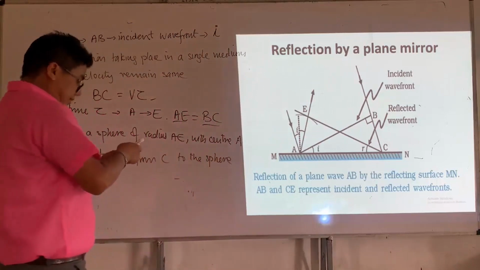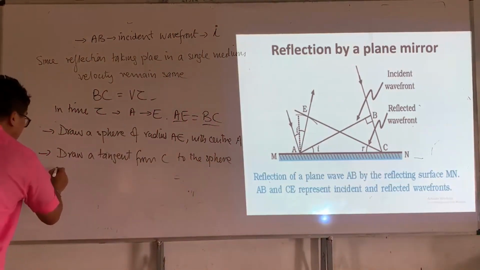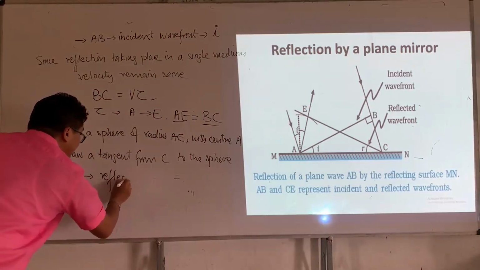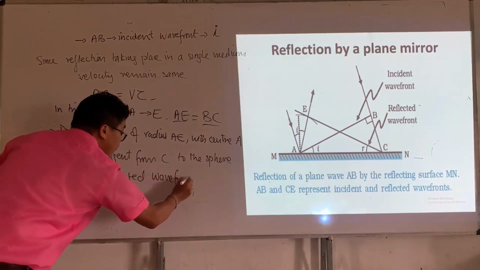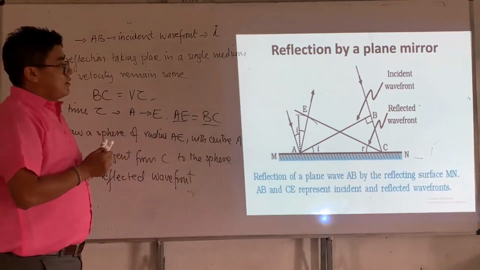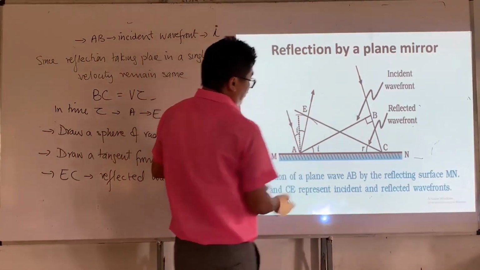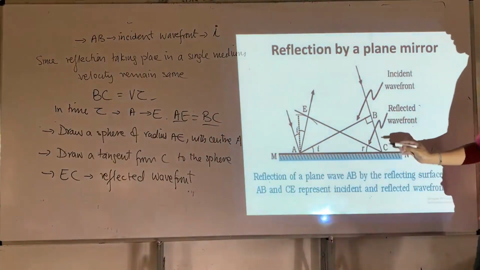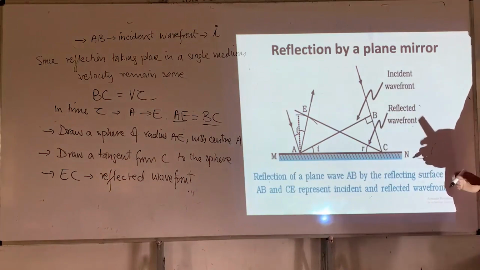Once you join, EC is what we call the reflected wavefront. Now this is the incident wavefront and this is the reflected wavefront.